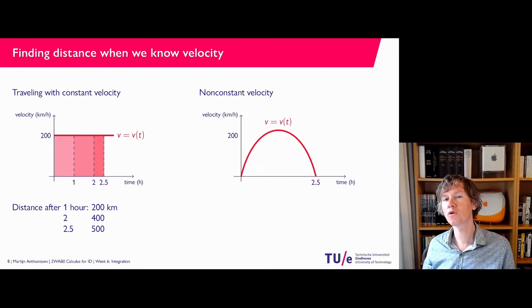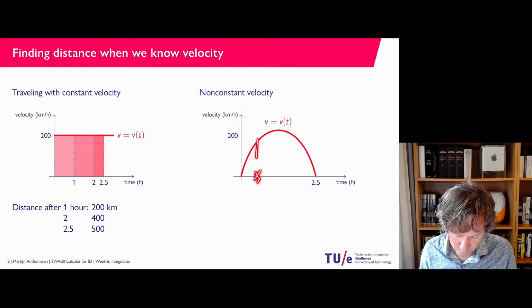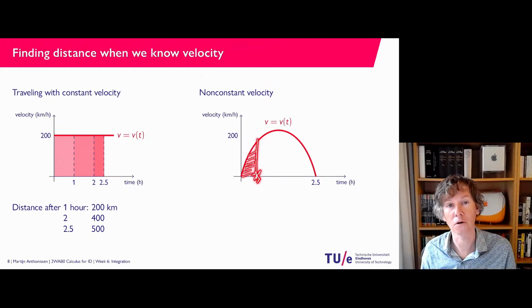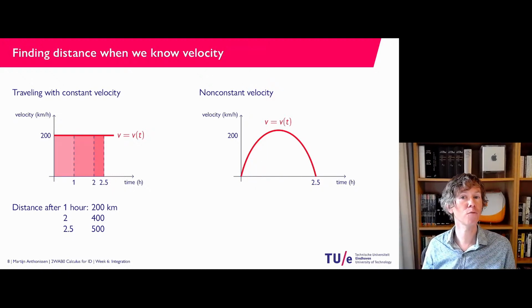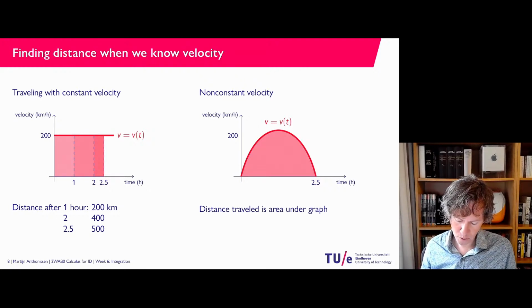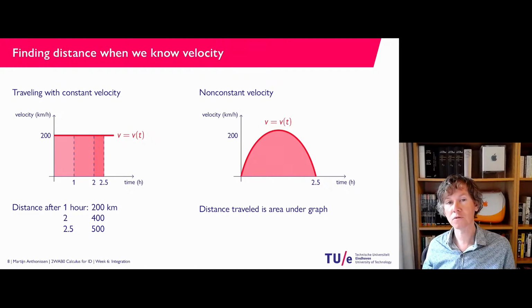If we would like to compute how far we have traveled, say at this moment in time here, what we would have to do is compute the area of the shaded region here. And then we know how far we traveled. So the distance traveled is the area under the graph.